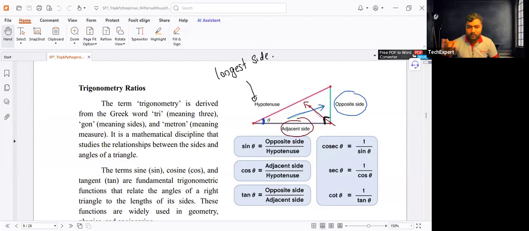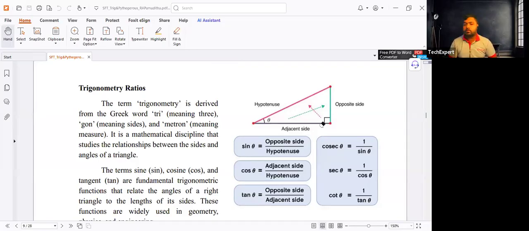Let's write in point form. The longest side is hypotenuse.